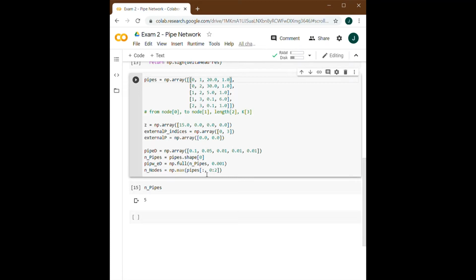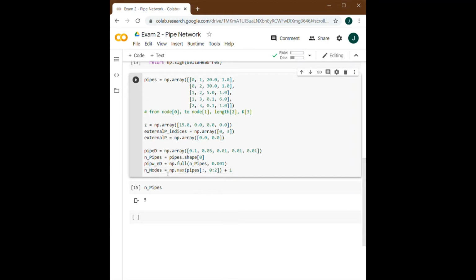So this colon here grabs all the rows with these columns, column 0 and column 1. And then we're going to add 1 to it.